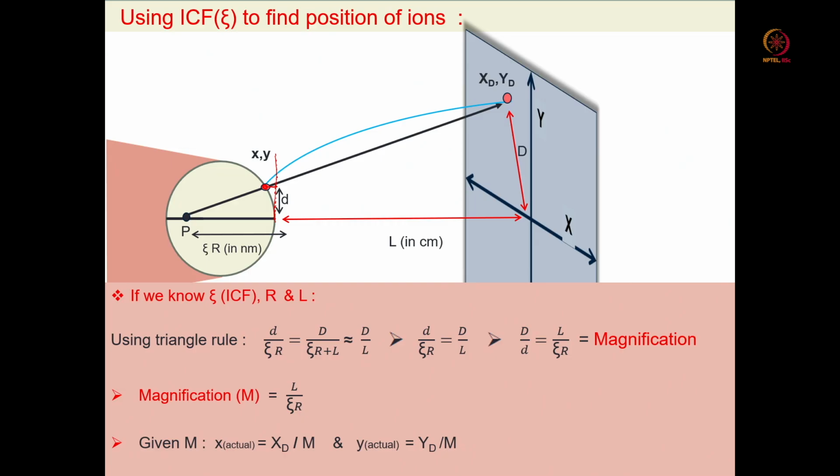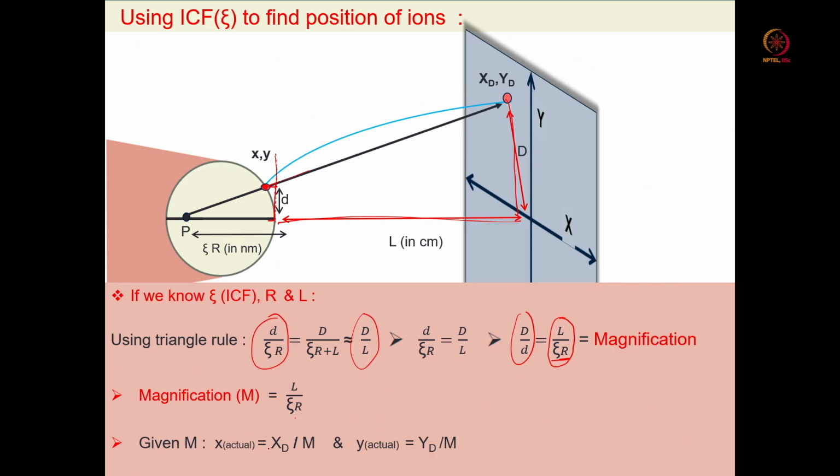Based on this triangle symmetry, d by xi r is related to your magnification. So D by d is the magnification, which is given by L by xi r, where L is the distance between the tip surface and the detector. So your magnification becomes this formula.